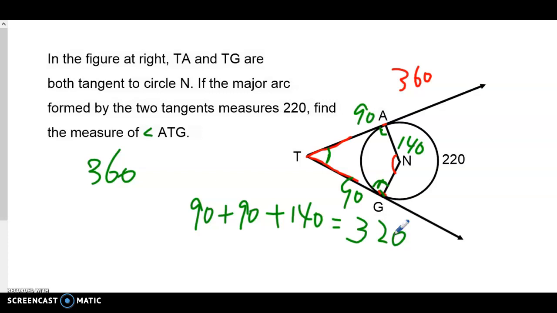So 360 total, subtract 320, that will be 40. This angle will be 40 degrees. That is the answer.